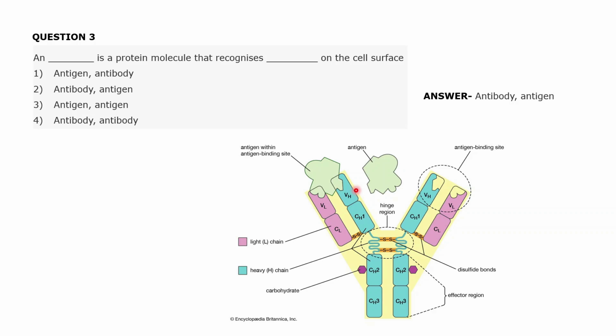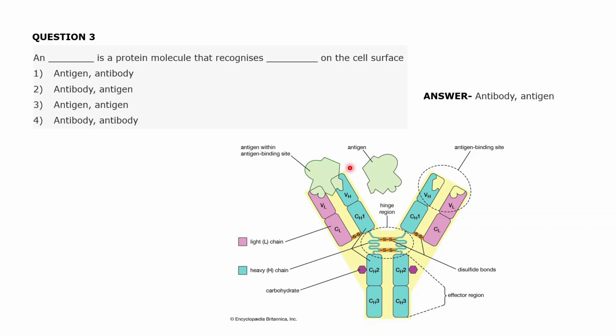This foreign substance that is entering our body is called an antigen. It can give out a normal immune response, or it can give out an exaggerated immune response, what we call an allergy, right? So basically it is an allergen also in this case.